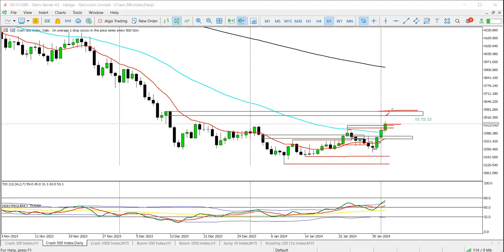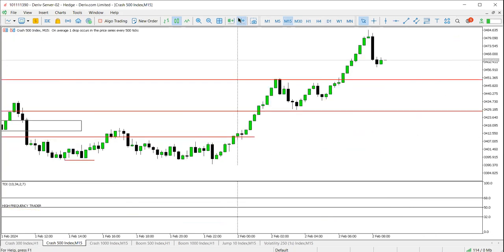So we want to see what happens here. I'll be happy to see them come slightly up, then give us that retracement back to the 30 EMA if they want to go up. But this will be my point of interest. So for now, no trades on C5.